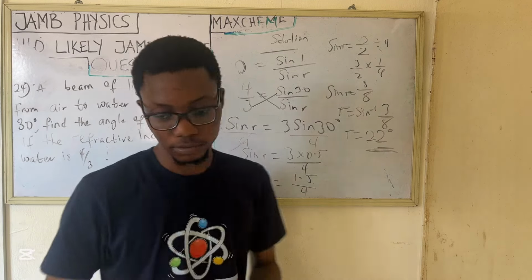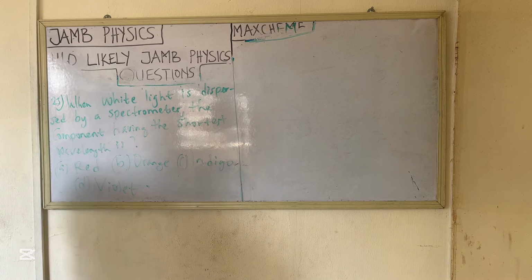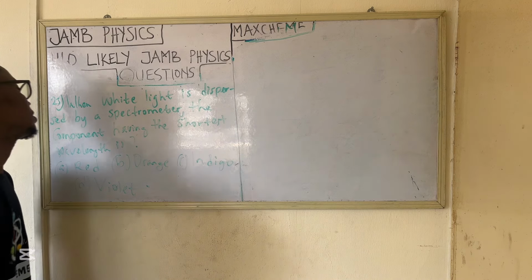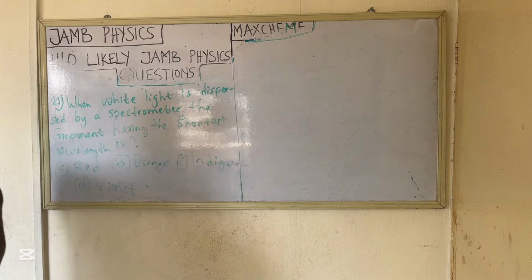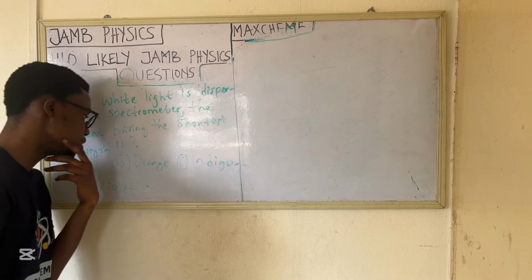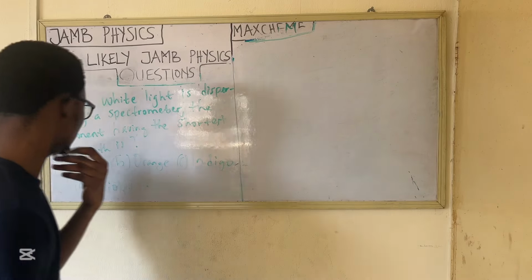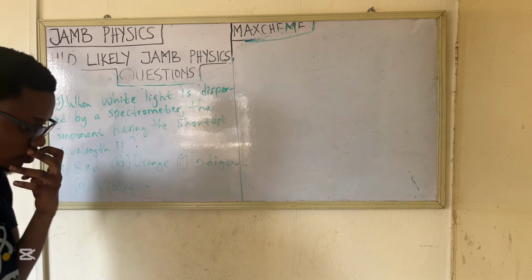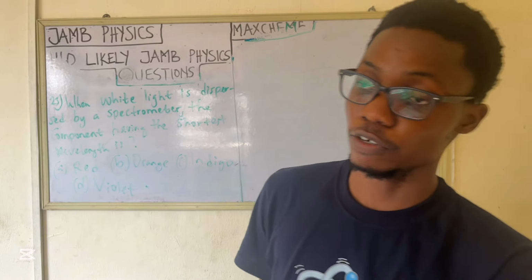Question 25. When white light is dispersed by a spectrometer, the component having the shortest wavelength is A. Red, B. Orange, C. Indigo, D. Violet. Now look at this question. What are the components of your white light? You have your ROYGBIV.